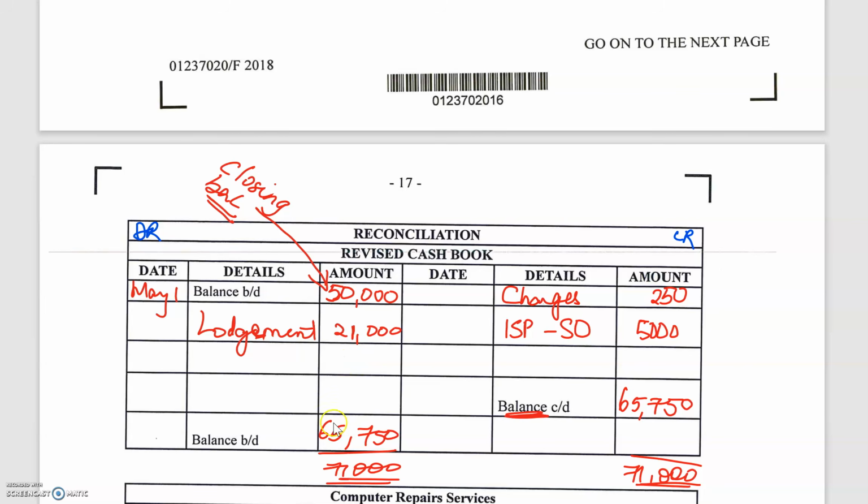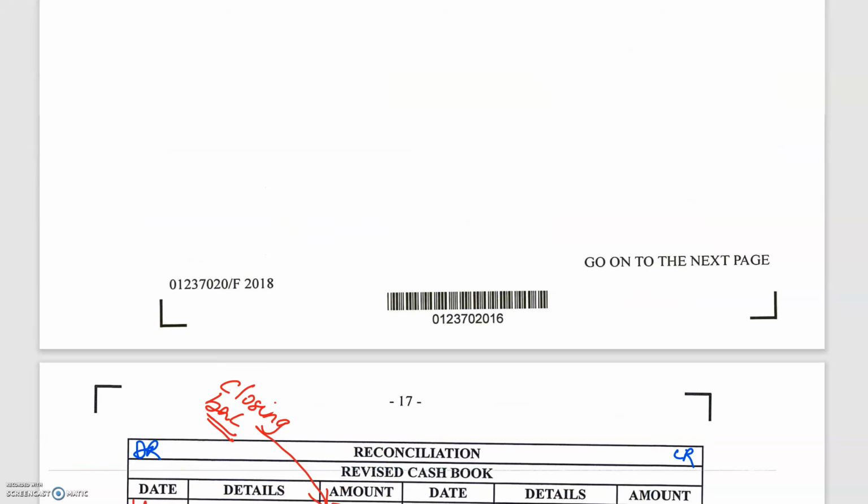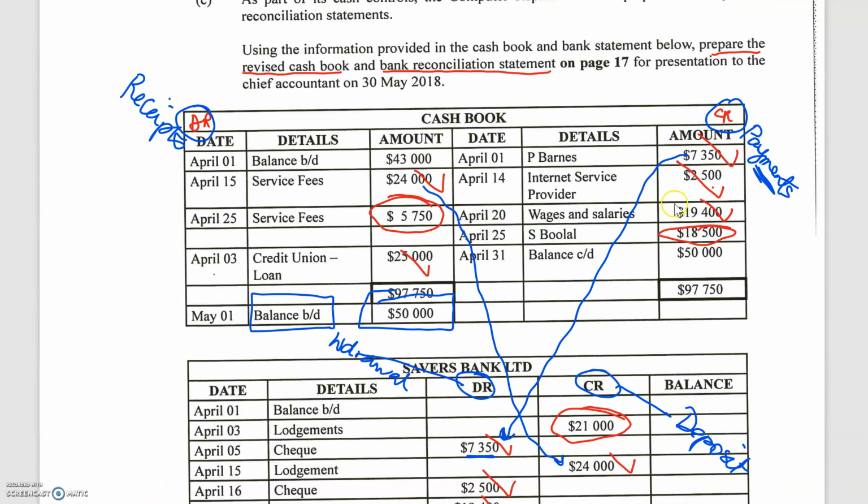The total debits were $71,000 and the total credits were $5,250. And when we subtract $5,250 from $71,000, our revised cash book balance is now $65,750. We are asked to use this revised cash book balance to prepare the bank reconciliation statement.